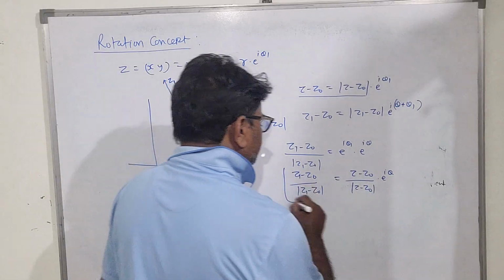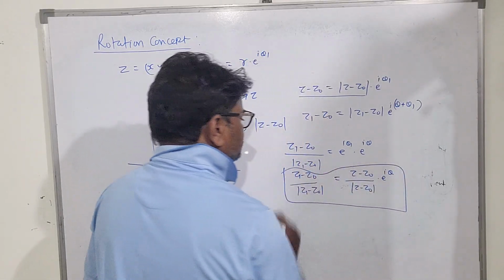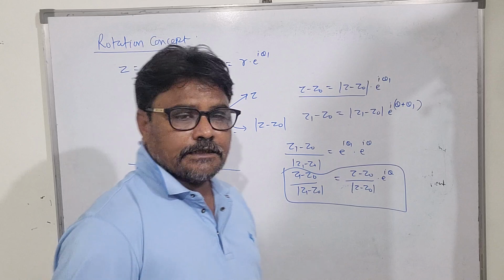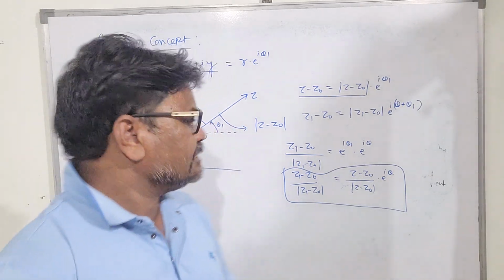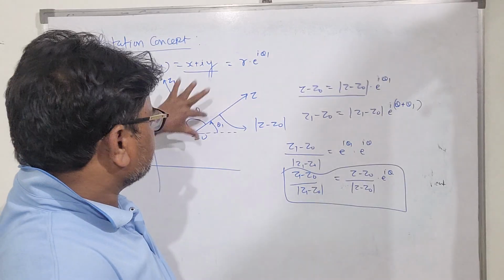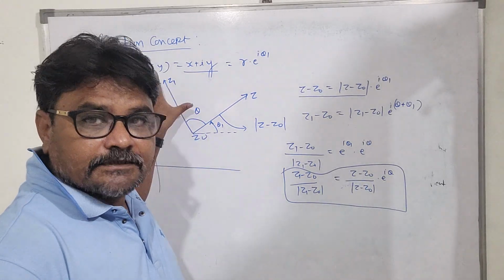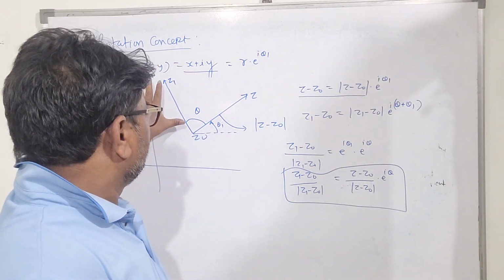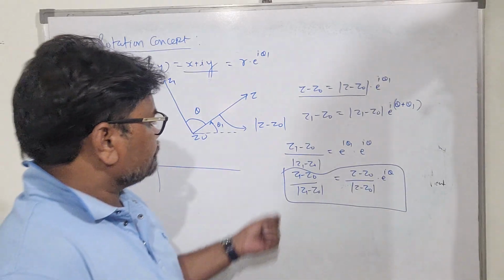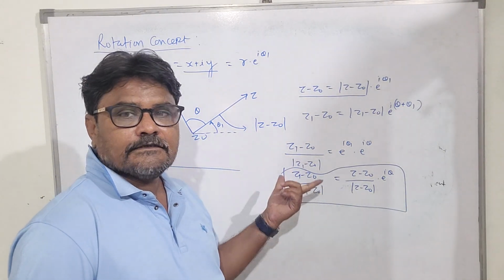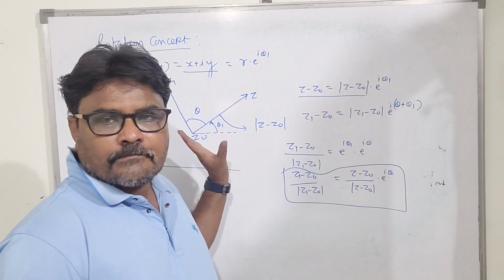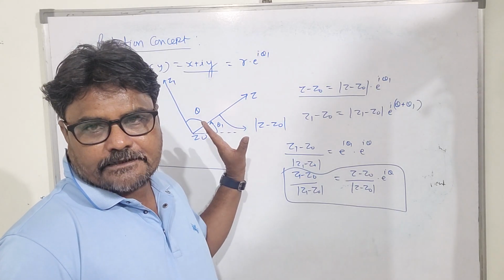Here also you can observe that this e to the power iota theta is the rotating factor by which we are rotating this arrow theta degree in the anti-clockwise direction to get this arrow, and this arrow is represented by this complex number z1 minus z0, and we are rotating the unit vector along this arrow. Correct?